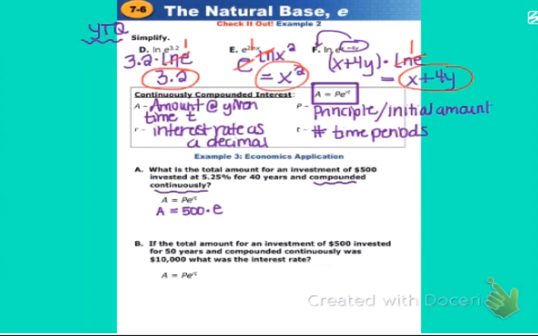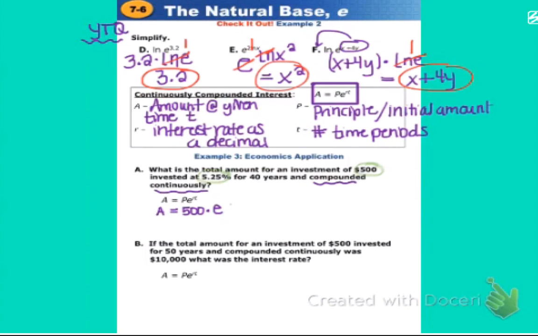Well, the 5.25 is the percentage rate they're going to pay us, and as a decimal that is what we plug in for r.